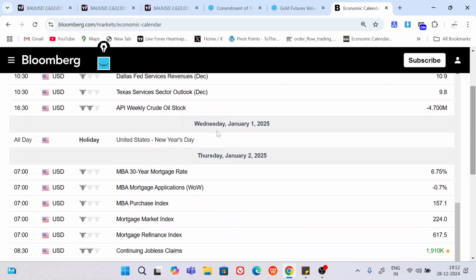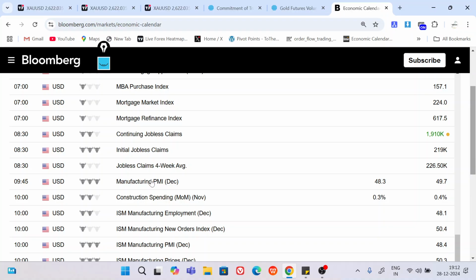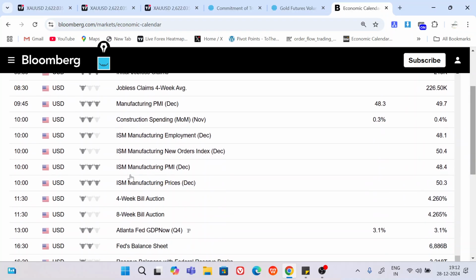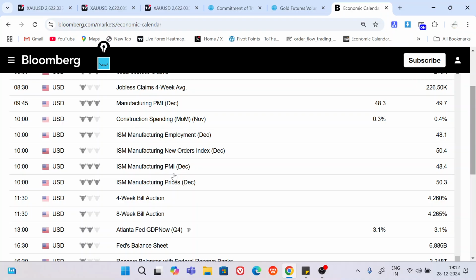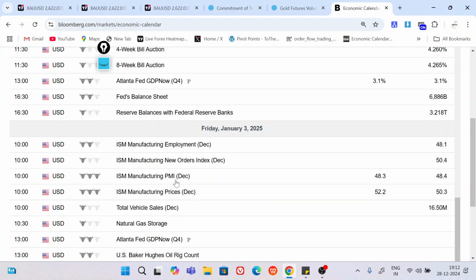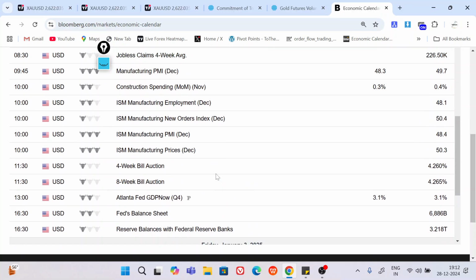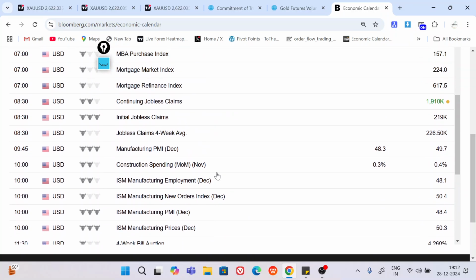On Wednesday we have New Year's Day, and on Thursday we have initial jobless claims and ISM manufacturing PMI. On Friday we also have ISM manufacturing PMI. So we have some high impact data next week that we have to watch very carefully, and then we can take trades on intraday levels.